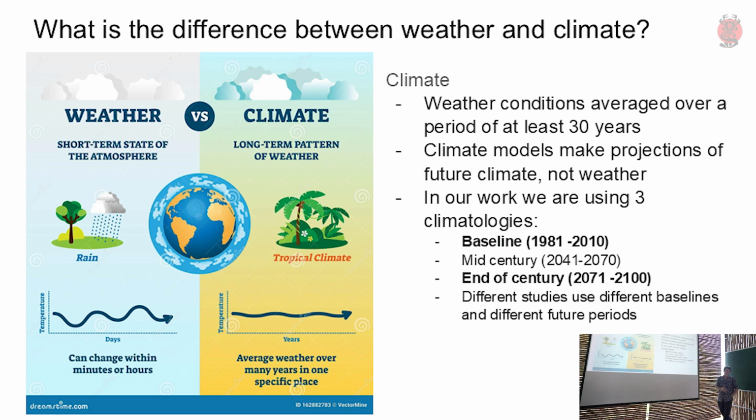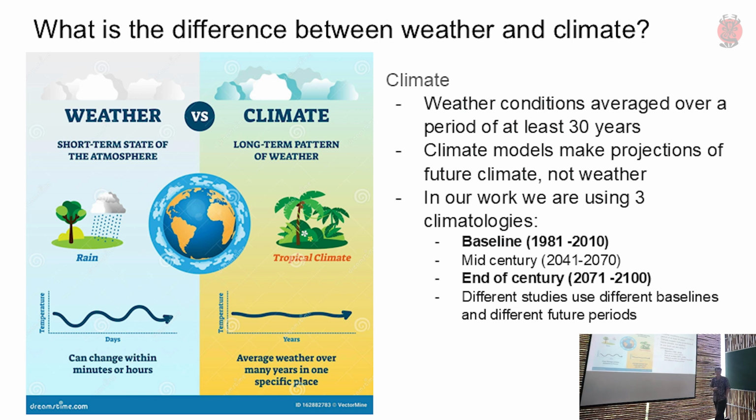In our work, we use 3 climatologies. A baseline from 1981 to 2010, a mid-century one, 2041 to 2070, and an end-of-century one, 2071 to 2100. Different studies use different baselines, and they also sometimes use different future projected periods.